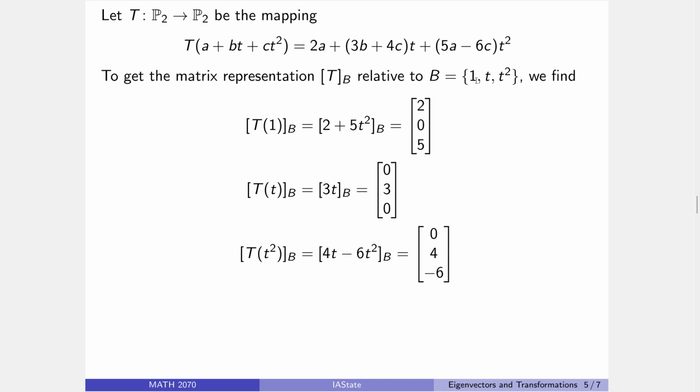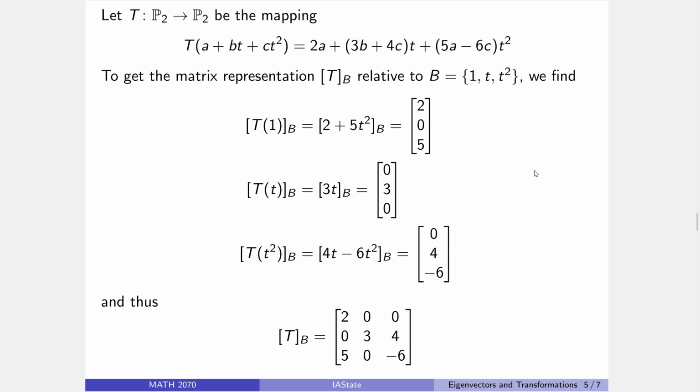To get the matrix representation relative to the standard basis, you plug the standard polynomials into the linear mapping, see where they go, and then get the coordinate vectors associated with them. Plugging in 1 gives me the polynomial 2 plus 5t squared, so I have a vector of 2, 0, 5. Plugging in t gives me 3t. Likewise for t squared we get that, and combining all of it gives me the 3 by 3 matrix that describes how this linear mapping behaves.